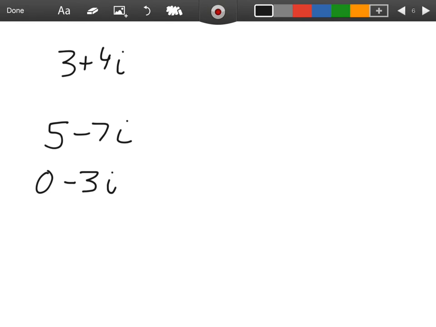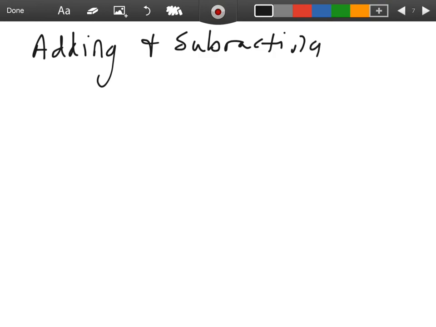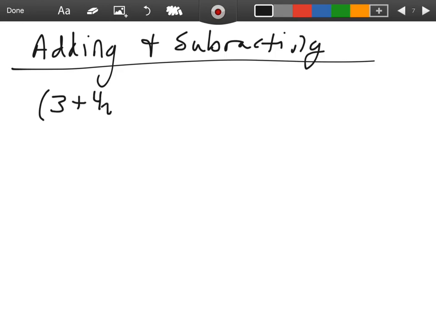Okay, now let's talk about doing some operations with complex numbers. These work the same way as if you were dealing with a binomial, but it's not really a binomial, it's just a number. But we're going to treat i like it's a variable. So let's talk about adding and subtracting. We're just going to treat i like it's a variable and combine like terms. For example, say I have 3 plus 4i plus negative 5 minus 7i.